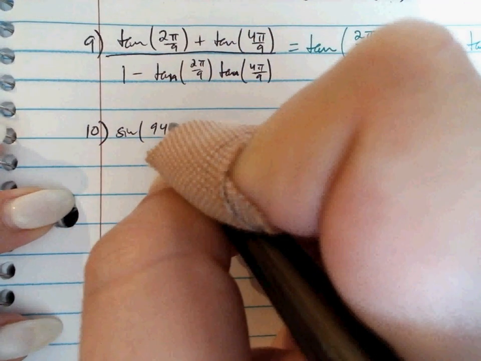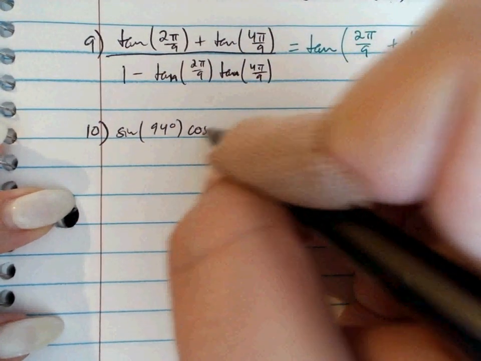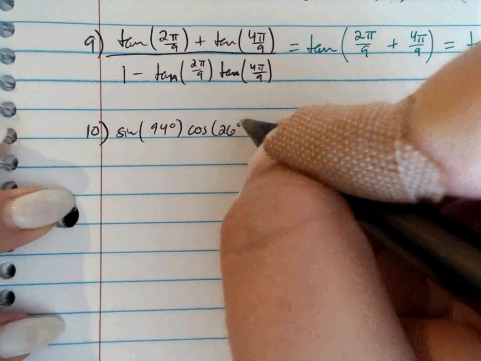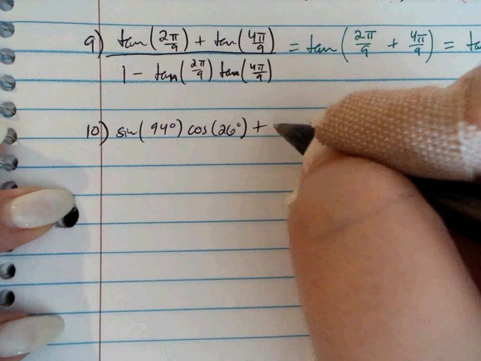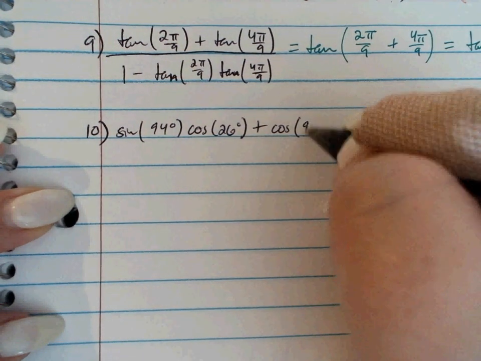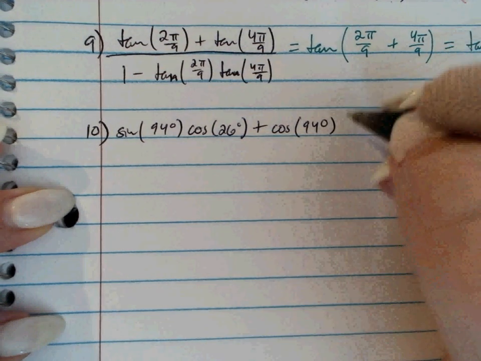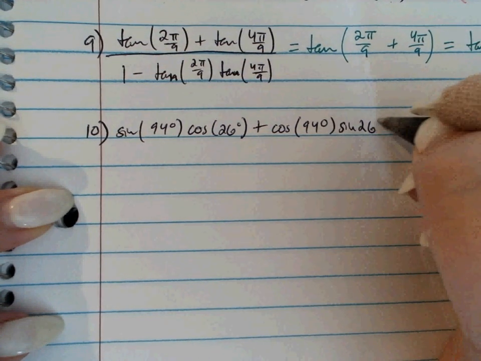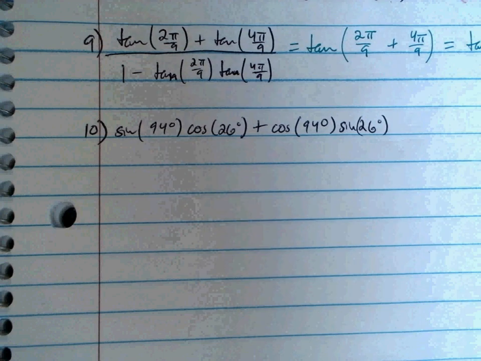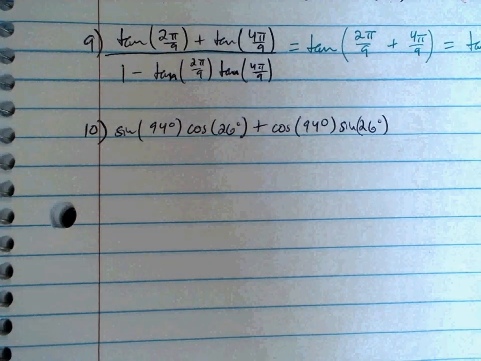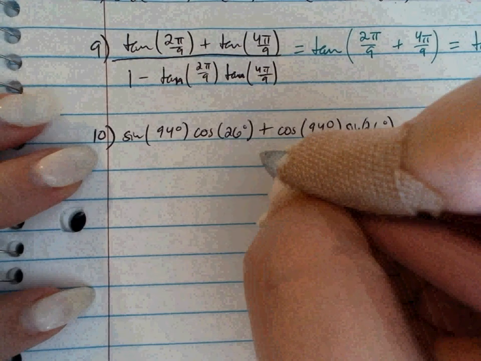Number 10. Number 10 says to find sine of 94, the implication being degrees, cosine of 26 degrees, plus cosine of 94 degrees times sine of 26 degrees.